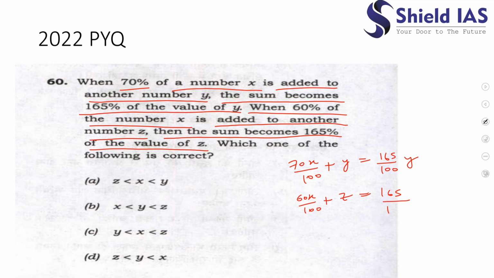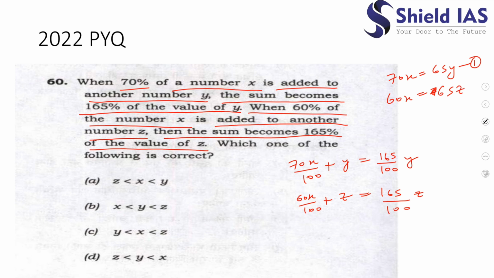In both cases it is 165%. So equation number 1 would become: I can write 70x is nothing but 65y. This is the first equation. And the second equation is 60x equals 65z.